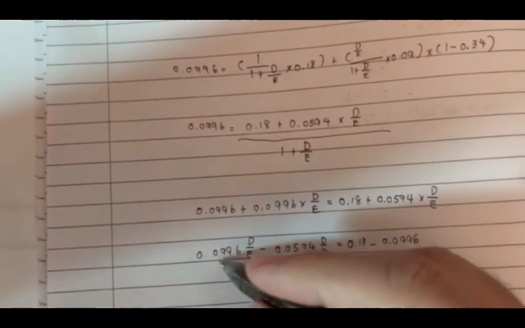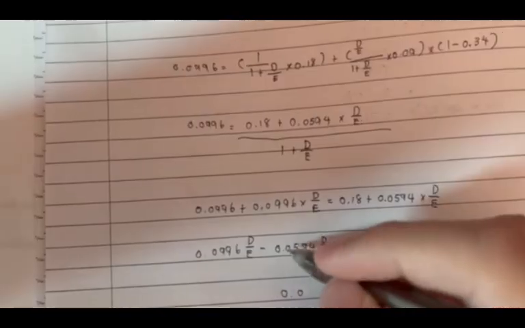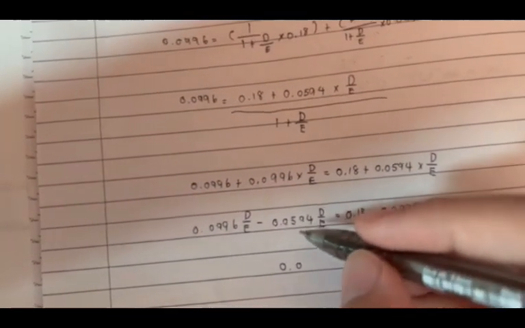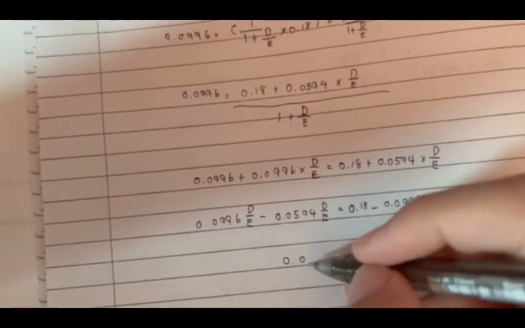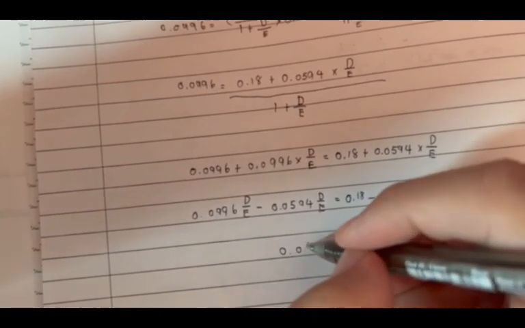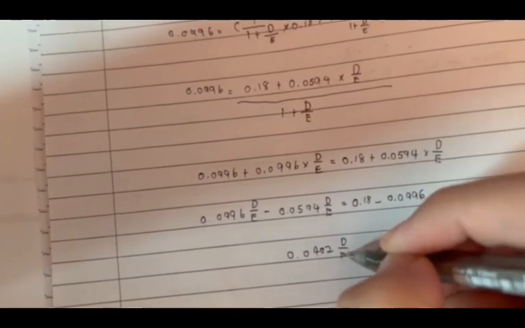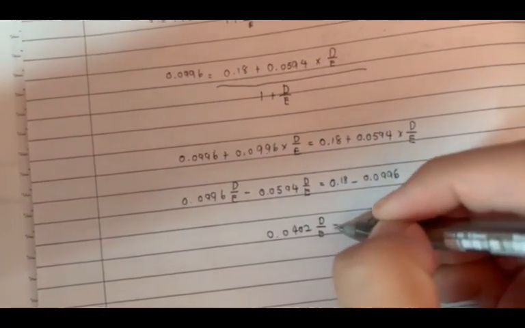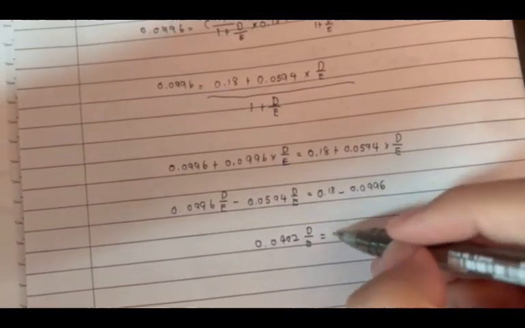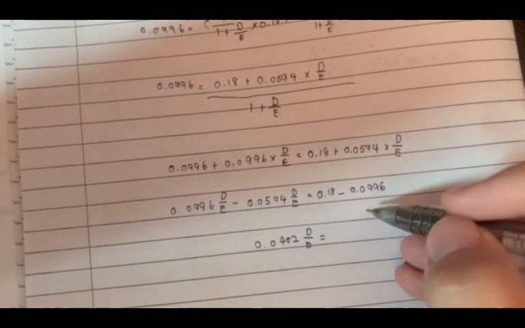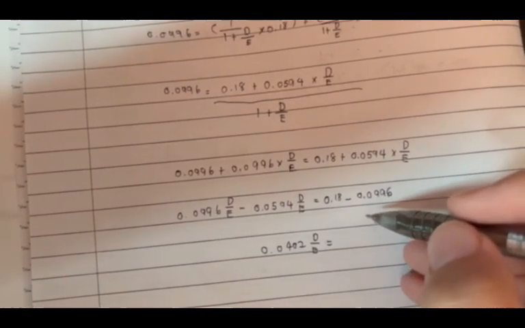So we minus 0.0996 DE minus 0.0594 DE, and we get roughly 0.0402 DE equals 0.18 minus 0.0996. So we get roughly 0.0804.